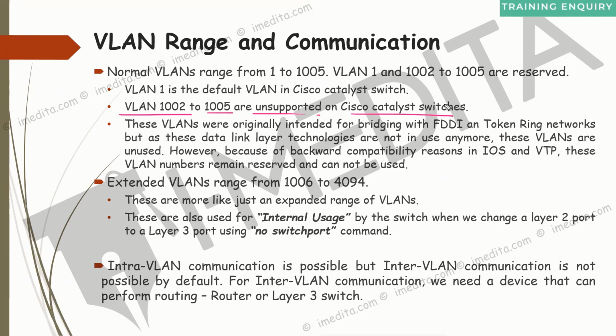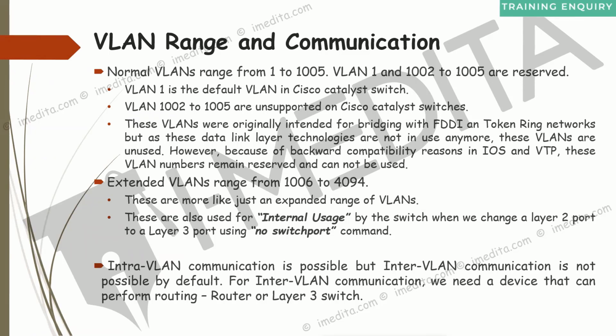These VLANs were originally FDDI token ring VLANs. When we used to have these FDDI token ring networks, we used these VLANs 1002, 1003, 1004, 1005. But in a modern day Catalyst switch platform, you will notice that these VLANs are unsupported.